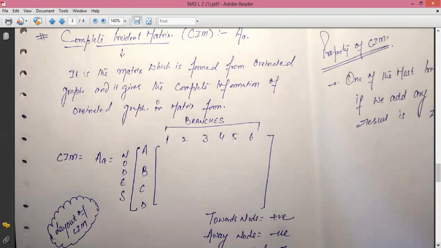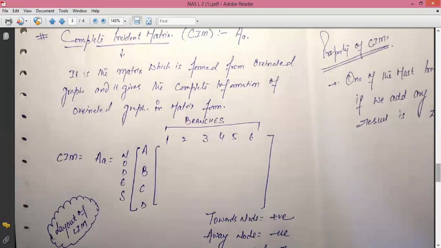Now how this complete incident matrix will be constructed: the CIM is denoted by capital A small a. On column, you have to write down all the nodes present, like A, B, C, D are the nodes. And row wise, there are branches 1, 2, 3, 4, 5, and 6. Clear? You have to write down column wise nodes and row wise branches.